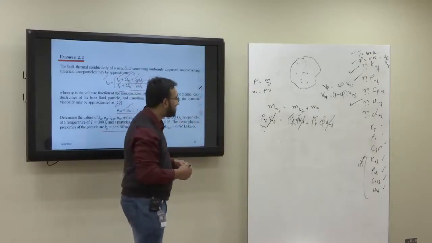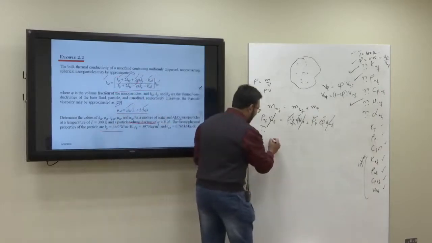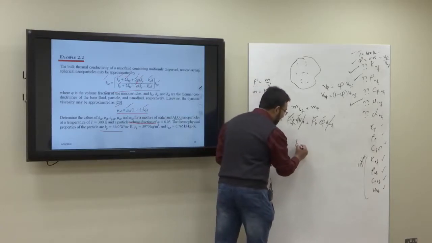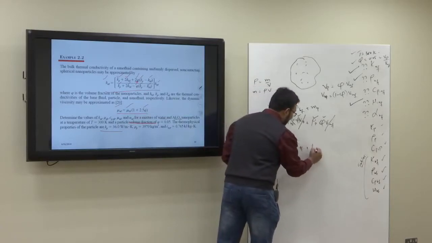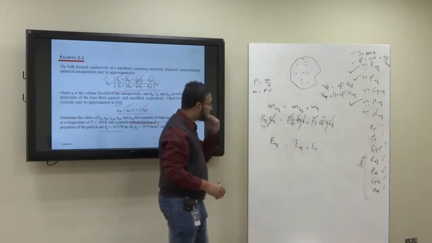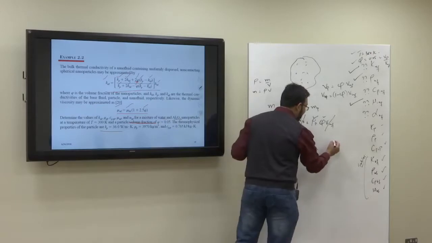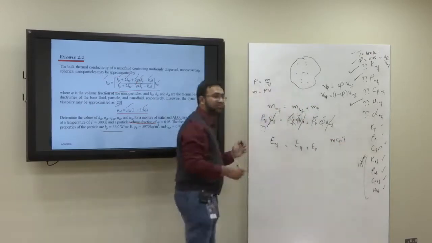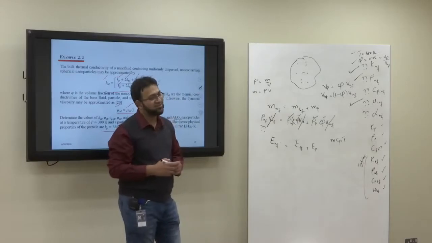Energy balance is the same thing. That means energy of the nanofluid is equal to energy of the base fluid plus energy of the particle, right? For the case of energy, we can write energy as m Cp delta T, this is thermodynamics, chapter 4 I think.